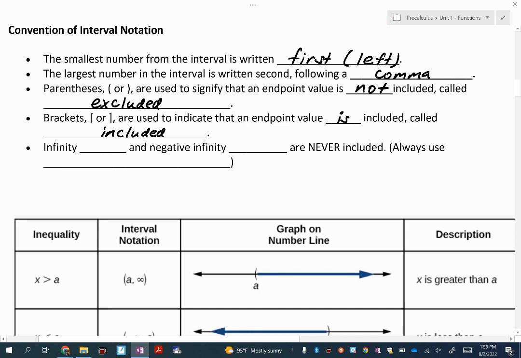All right, now infinity, which you guys remember that symbol, and negative infinity. Whenever you use these symbols, they are never going to be inclusive values. They're never going to have brackets. So you're always going to use parentheses with infinity or negative infinity.